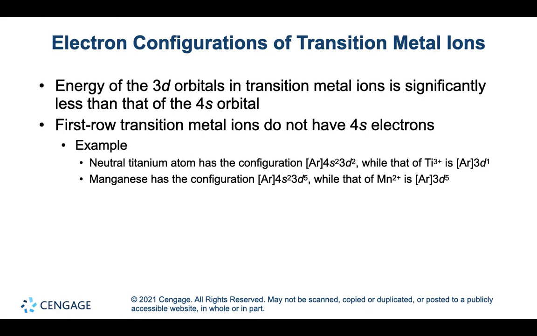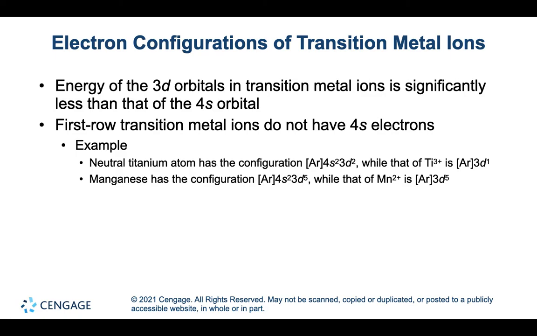All right. The energy for the 3d orbitals is less than the 4s, and that's why we fill up the 4s before we start in on the 3d. But when we take the electrons away, we do not take away the 3d electrons first. We first typically remove the 4s.